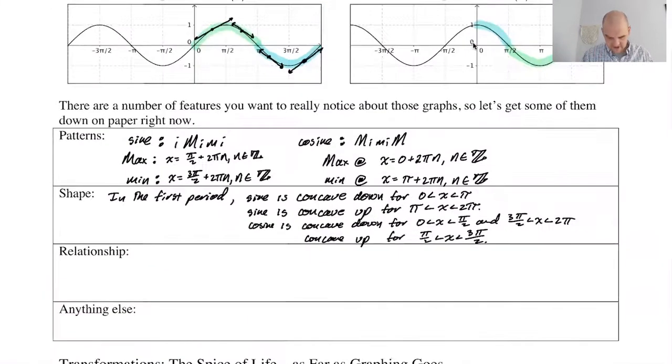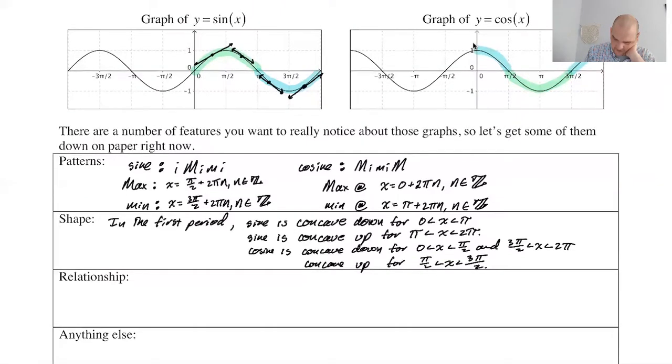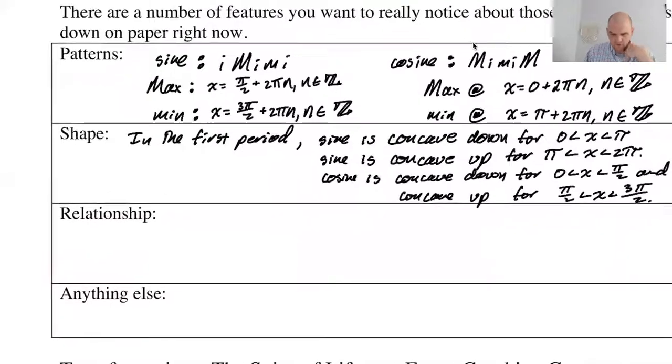Now the relationship, what did we say? I think that if I take the cosine graph and shift the entire graph this way by pi over 2, I will get the graph of sine. So I want to shift it pi over 2 to the right.